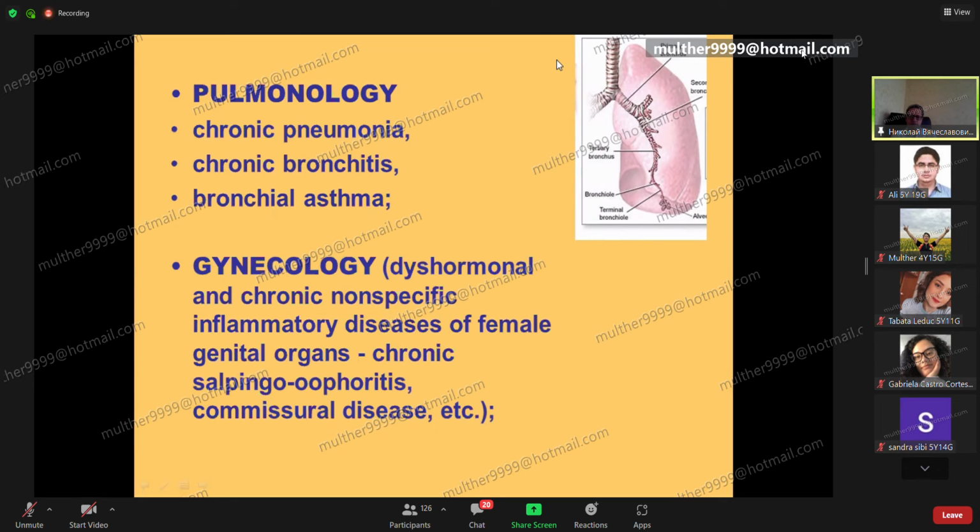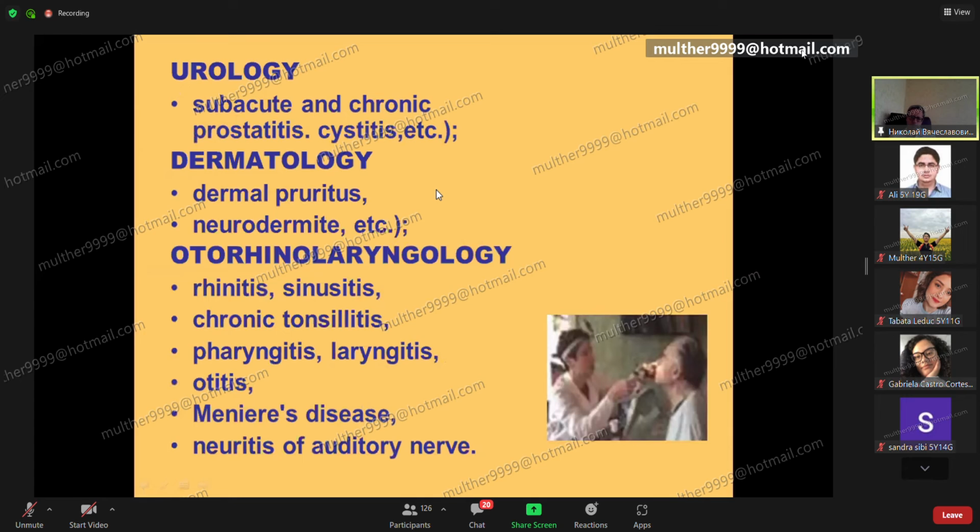Gynecological practice: hormonal and chronic non-specific inflammatory diseases of female genital organs, chronic salpingo-oophoritis, and commissural disease. In urological practice, for subacute and chronic prostatitis and for cystitis.